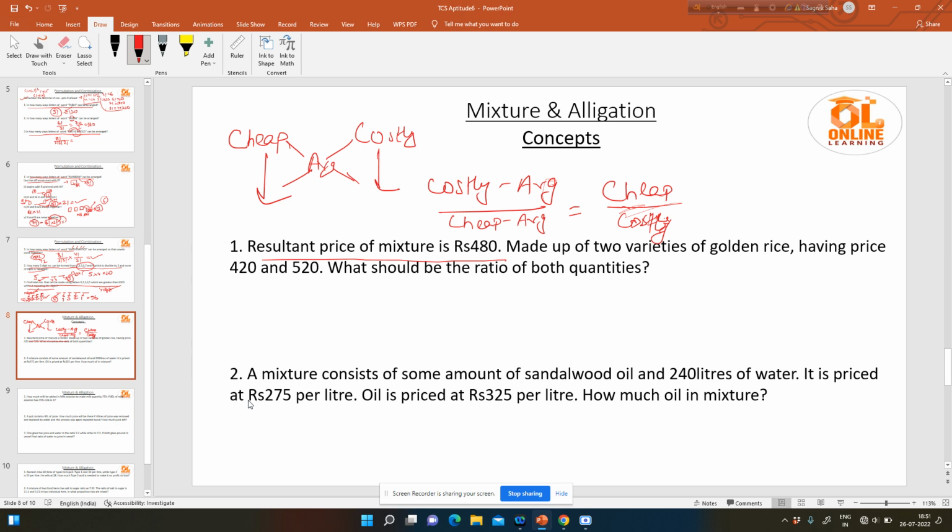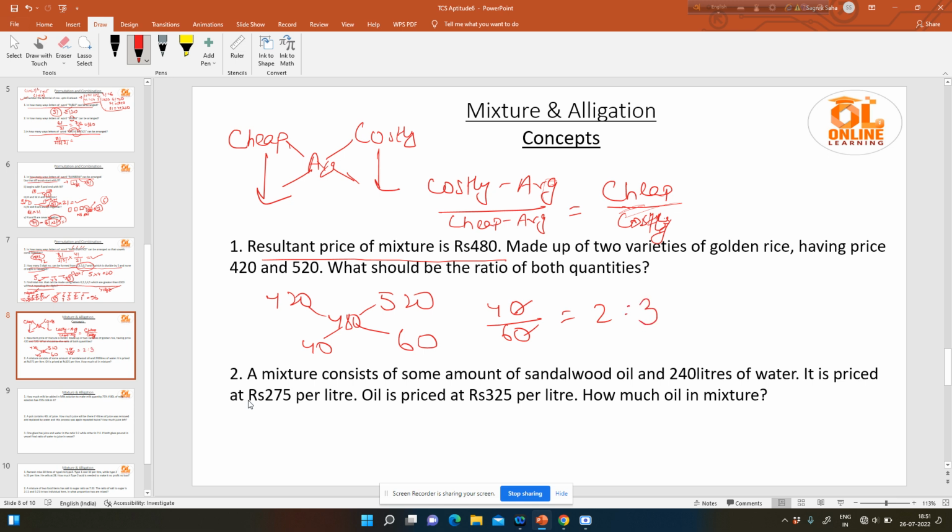So what is the cheap price? It is 420. What is the costly price? It is 520, and the average one is 480. If we subtract, it would be 60. Just neglect the negative sign. 520 minus 480 would be 40. So the ratio would be 40 by 60, so that would be 2 is to 3, your answer.